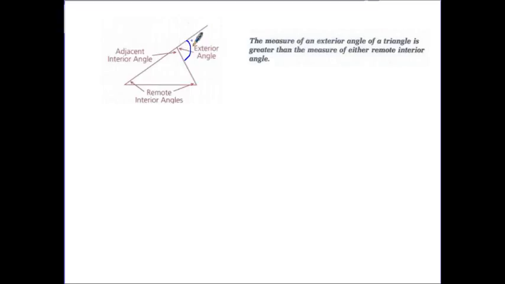It has an adjacent interior angle, adjacent meaning right next to it. Now, remote, if you think about if you're going camping in a remote place, you're going kind of far from everything. These are your remote interior angles, or your RIAs. Your remote interior angles are not attached or not adjacent to the exterior angle. So if we call our exterior angle X, those remote interior angles Y and Z.